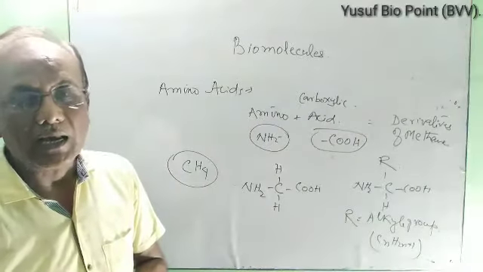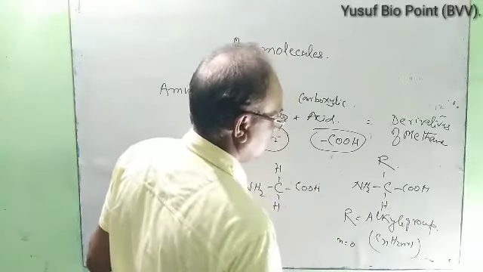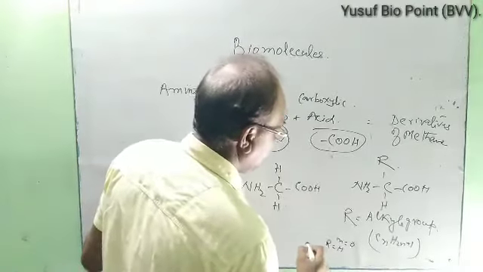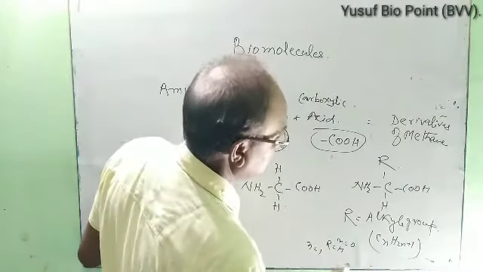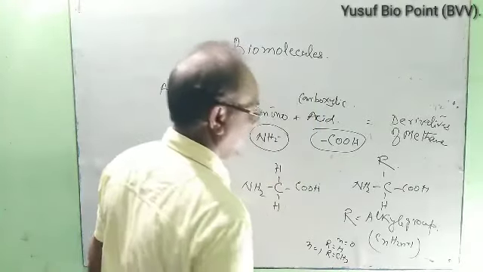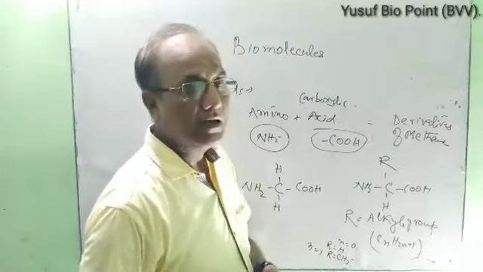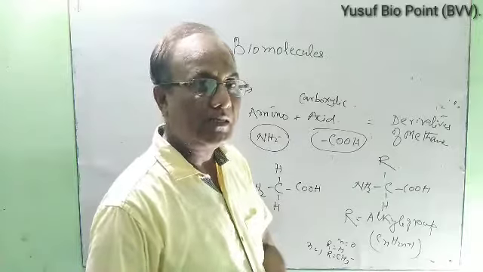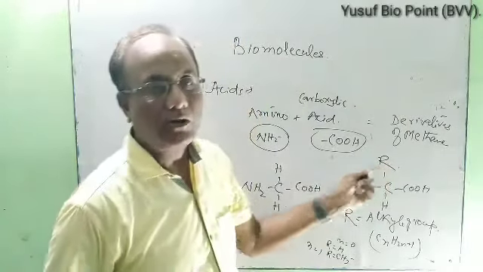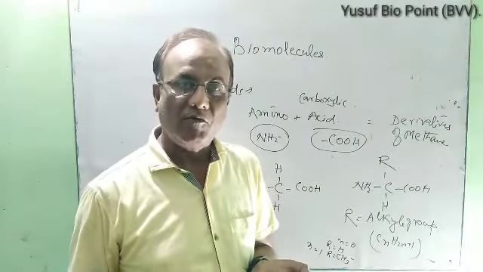This is the alkyl group. If n is equal to 0, then R is equal to H. If n is equal to 1, then R is equal to CH3, that is the methyl group. If n is equal to 2, then it will be C2H5, that is the ethyl group. In this way the alkyl group changes and different types of amino acids are formed.